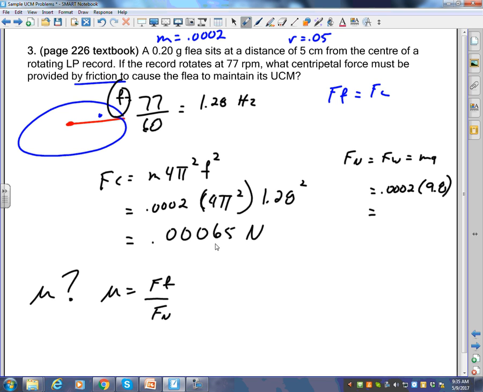It's m 4 pi squared R. So there's got to be a 0.05 in there, and when you do that, you should get the right answer, I think.